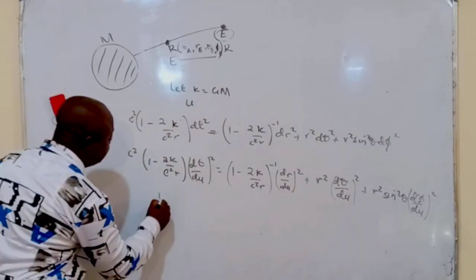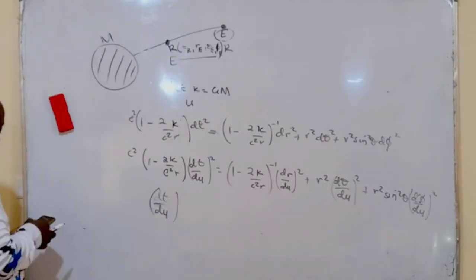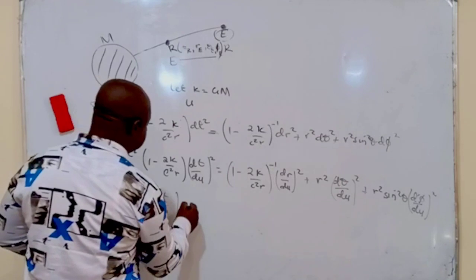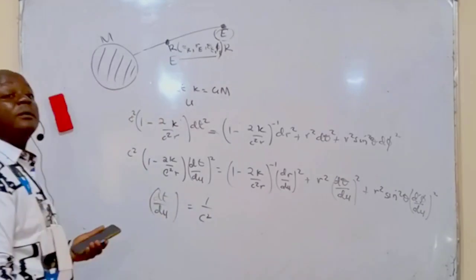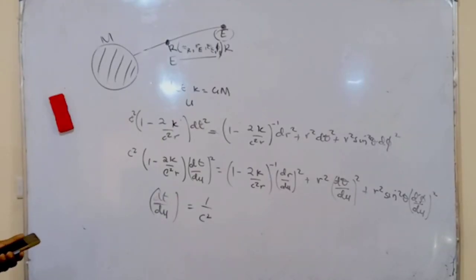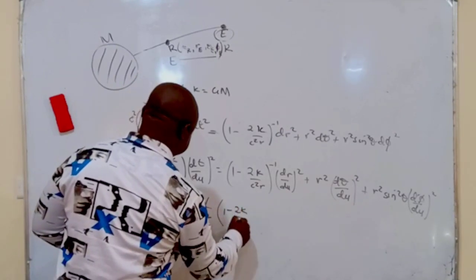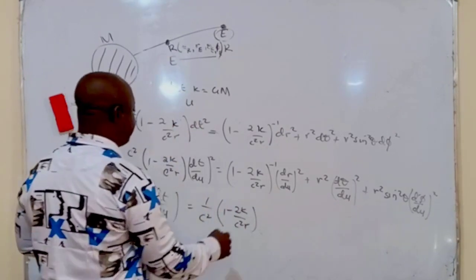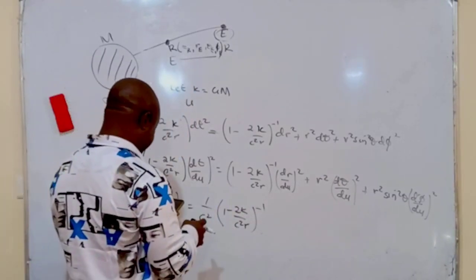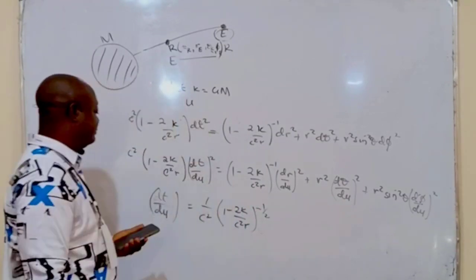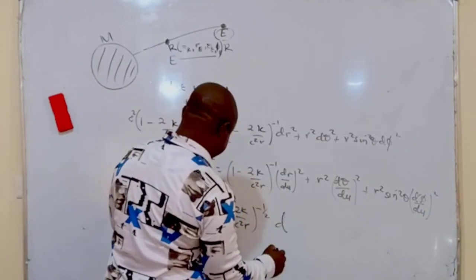So what will my dt/du look like? My dt/du will be the same as 1 over c squared into (1 minus 2k over c squared r) to the power minus 1 over 2, ds.